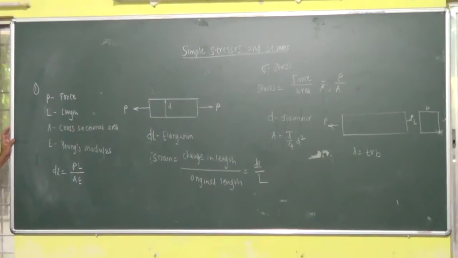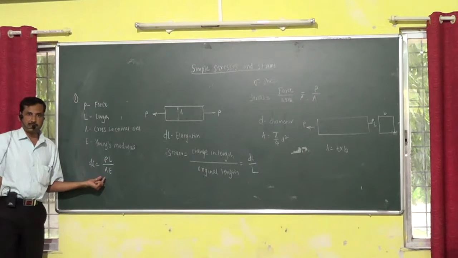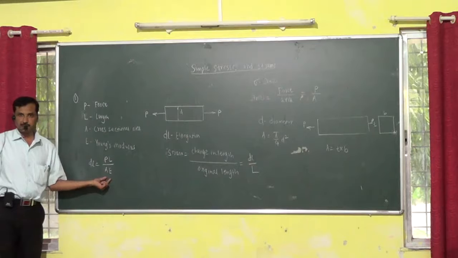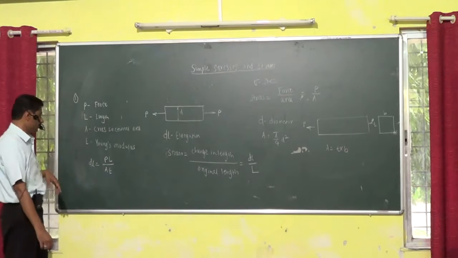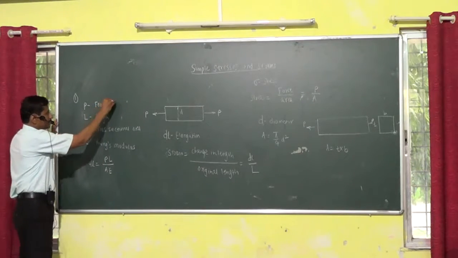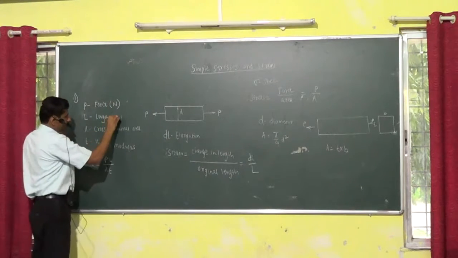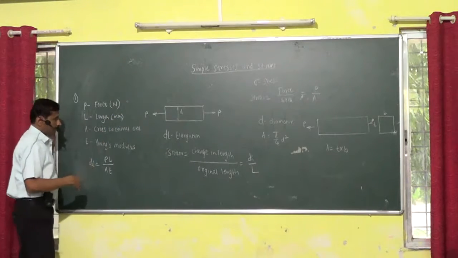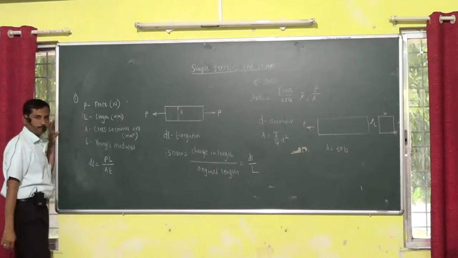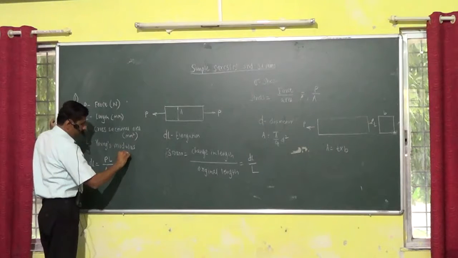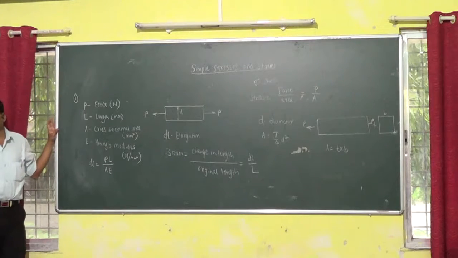So elongation due to application of force P having original length L, cross sectional area A and Young's modulus of material as E. We are considering PL upon AE, where force P is measured in Newton, length is measured in millimeter, cross sectional area is measured in mm square, Young's modulus as well as stresses will be measured in Newton per mm square.